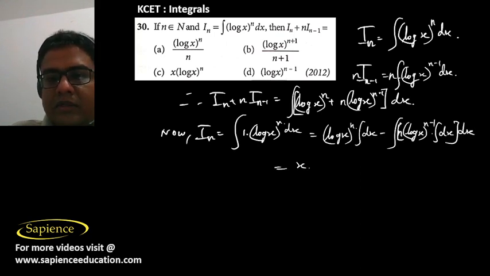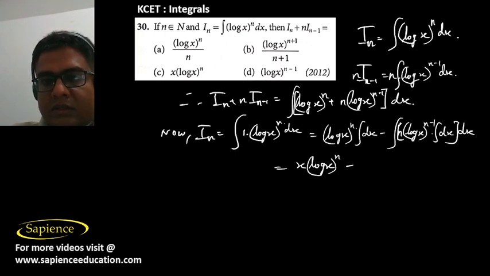So this will be x (log x)^n minus the integral of n (log x)^(n-1) into dx.